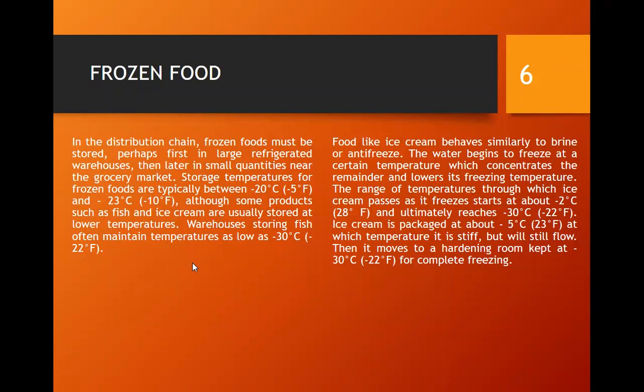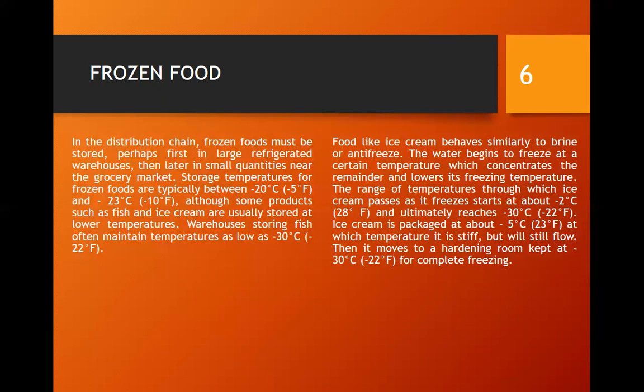Although some products such as fish and ice cream are usually stored at lower temperatures, warehouses storing fish often maintain temperatures as low as -30°C or -22°F. Food like ice cream behaves similarly to brine or antifreeze. The water begins to freeze at a certain temperature, which concentrates the remainder and lowers its freezing temperature.